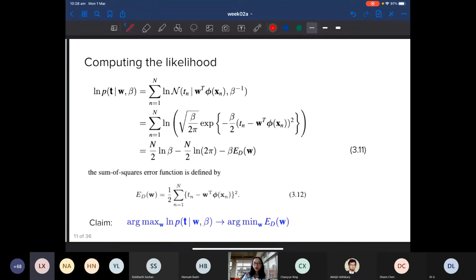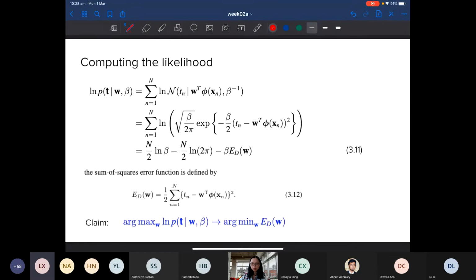So if we go to the next page, right, the first two lines were from the last page. We're now simply expanding the log term by, well, log of a product is the sum of the individual pieces. The first piece is log of beta, and it doesn't change with respect to data points, so there's a factor of n. Is there 1 over 2 missing here?